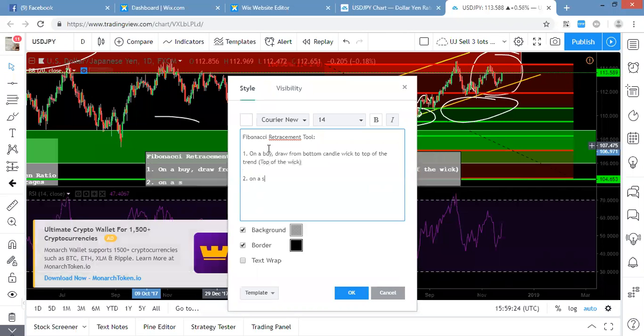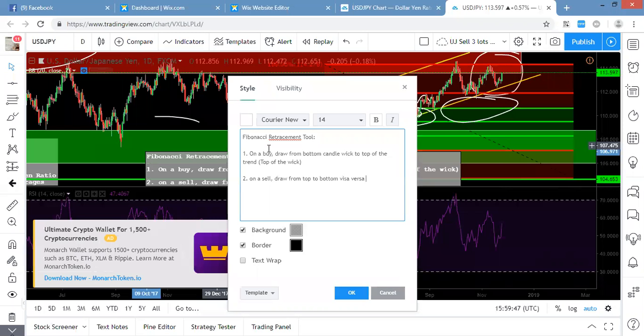On a sell, draw from top to bottom, again, because we're expecting price to go down, and then vice versa of what we said above. So you're going to draw it from the top wick to the bottom of the range, or the low wick.